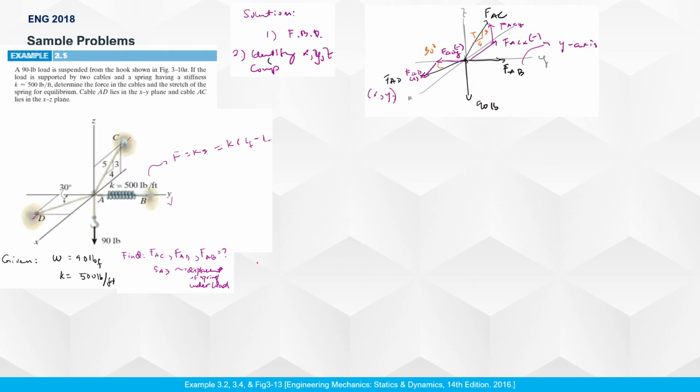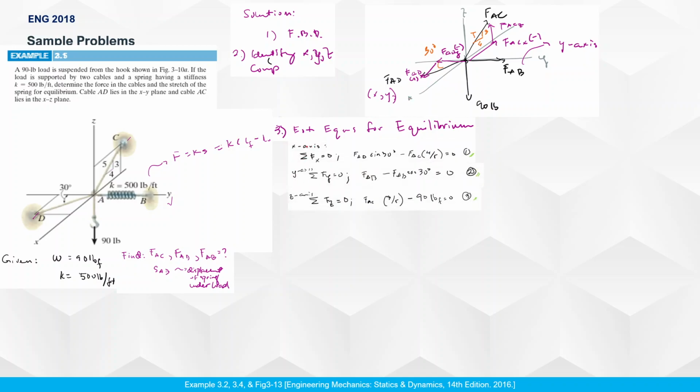And then from here, we can now set up our equations for equilibrium. So we start, isa-isahin natin. Let's start with X lang muna. What is the plane involved? So for X-axis, we have AD, since may X component siya, and AC. FAB, wala. So that's 0. So for FADX, that's simply FAD sine 30 degrees.